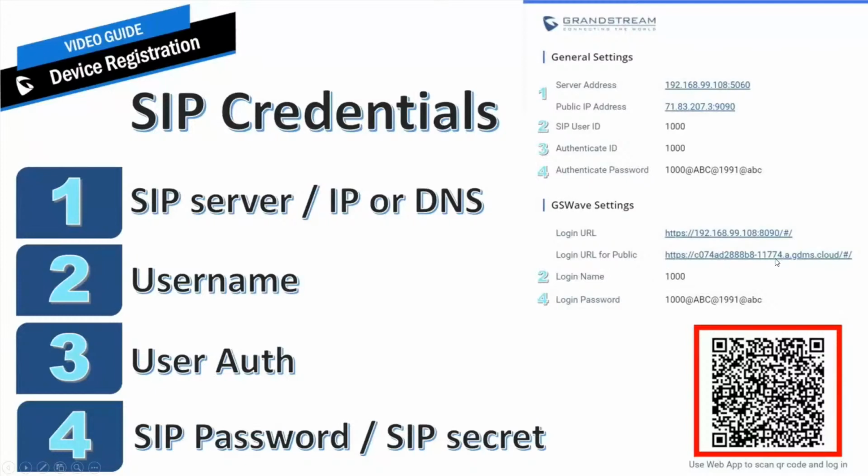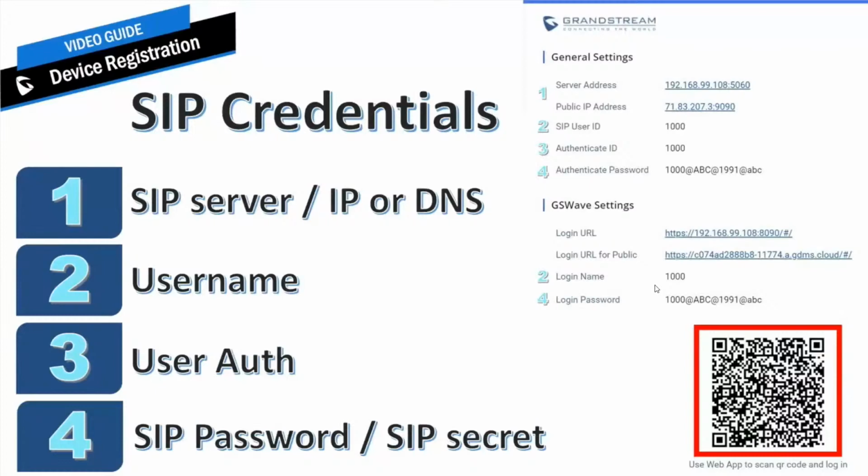So pag clinick natin yan, magla-login lang tayo sa GS Wave. Yung GS Wave, as long as meron tayong browser, preferably Chrome or Firefox. And then yung login name is yung extension number, and then yung login password naman is yung user password na ginawa sa ating UCM.